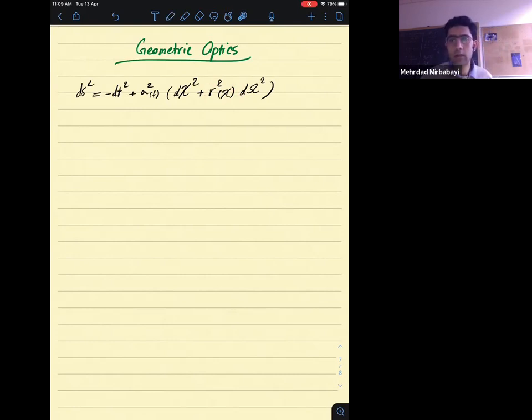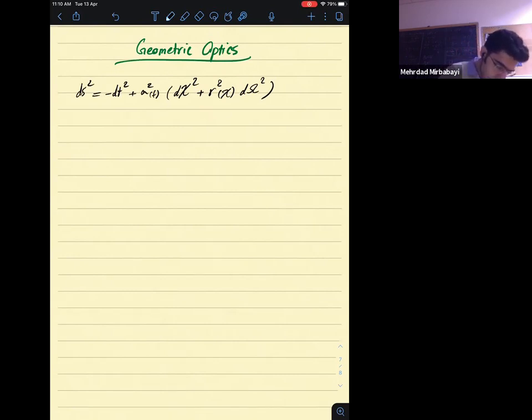So depending on whether we are on a closed, flat, or open geometry, this R of chi would have different functional dependence on chi. Either it is sine of chi, or chi itself, or sine hyperbolic of chi.